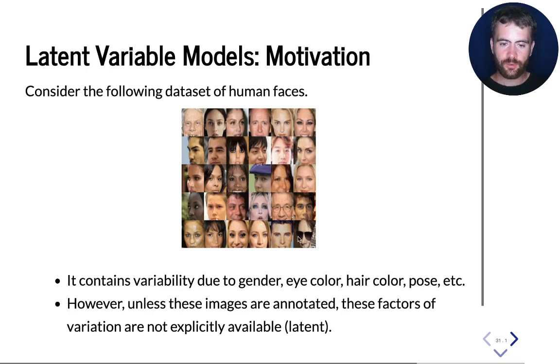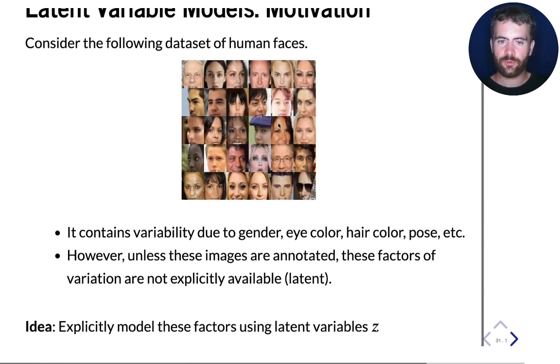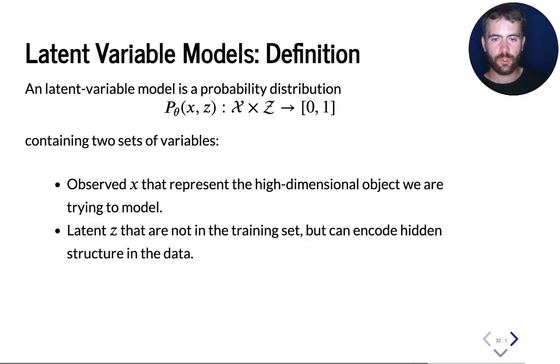And the idea of a latent variable model is to introduce these unobserved factors of variation as additional variables z that exist but are simply not provided to us at training time. So at training time we have variables x, but we also assume that our model has some unknown z that we want to model. More formally, a latent variable model is a probability distribution over two kinds of variables, x and z.